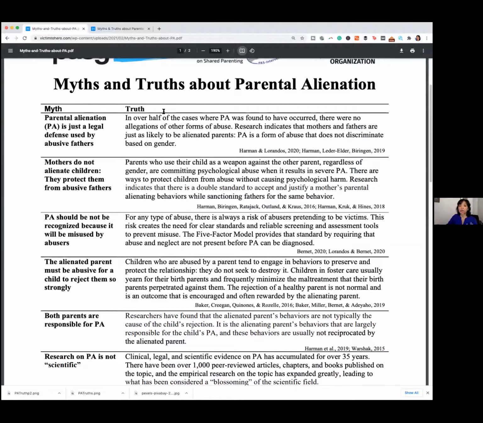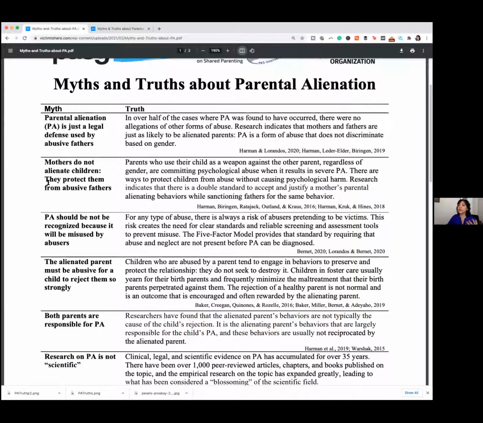But in order to diagnose parental alienation, you need to use these five-factor models because they consider the whole family dynamics. It's not just looking at one person, not just placing blame on one person, but looking at the whole family environment, all the parties involved, in order to determine correctly if parental alienation exists in this situation.